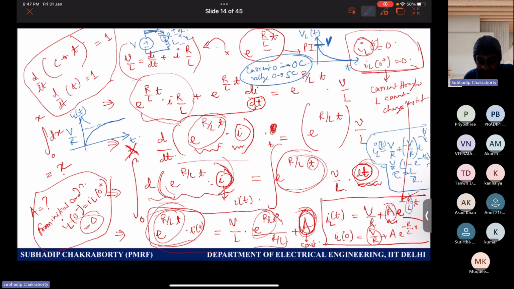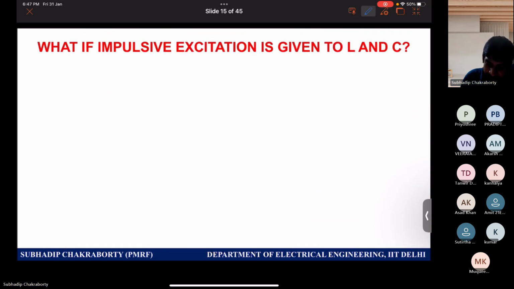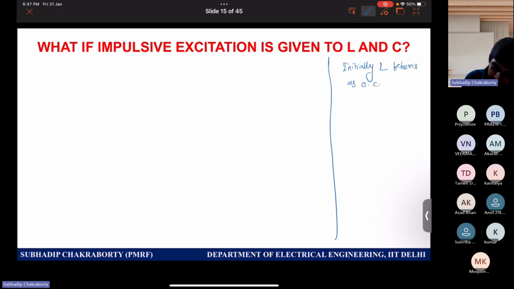So that's why generally we can write down one common rule, that initially L behaves as open circuit.